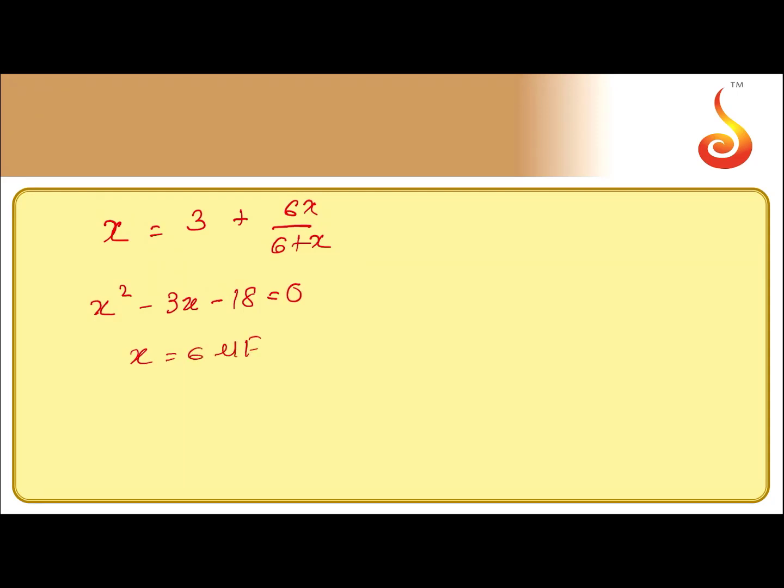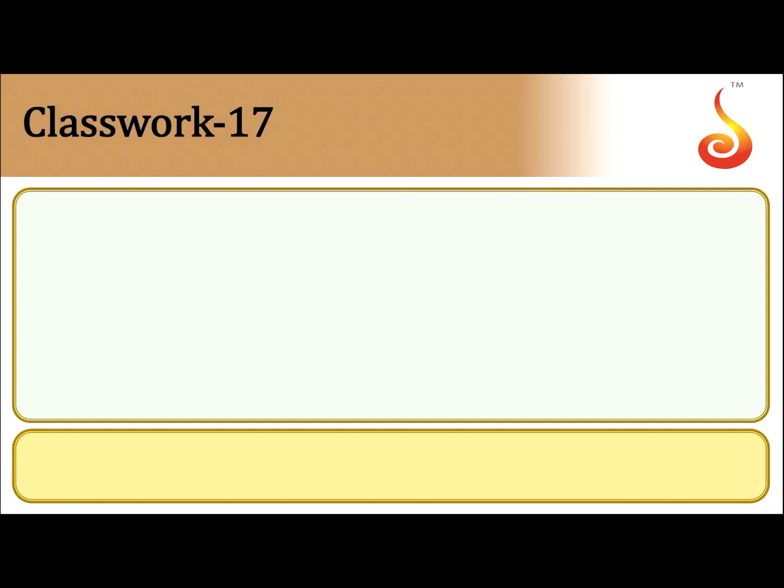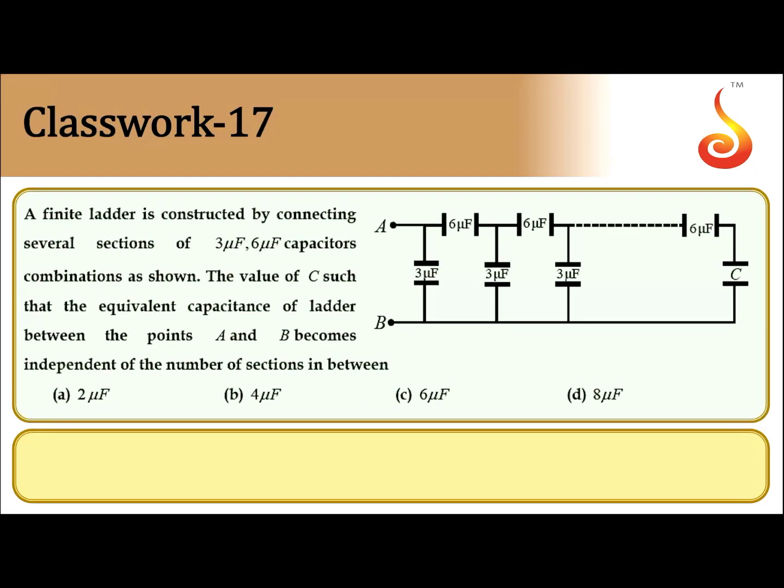That is the equivalent capacitance. That is the value of C that should be connected. That means if I connect a capacitor of 6 microfarad, then it becomes independent of the number of segments. So if I connect an equivalent capacitance at the end, then the number of segments does not matter. So 6 microfarad is the answer.